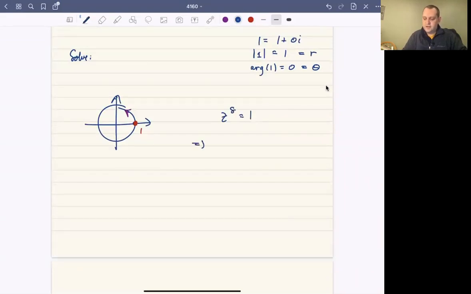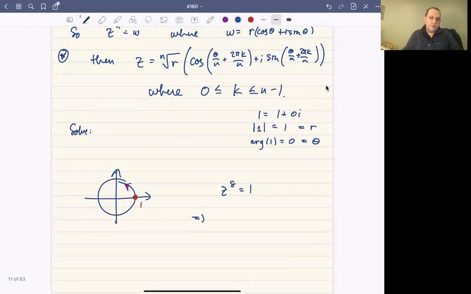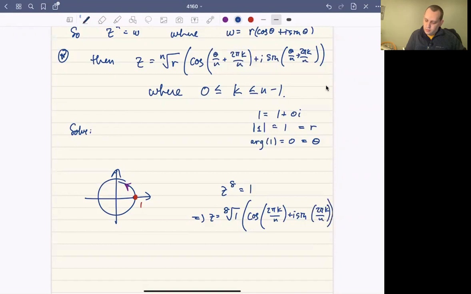So z is going to be the eighth root of 1, which is 1, times cosine of theta over n. Theta was 0, so we can get rid of that. So cosine of 2 pi k over n plus i sine of 2 pi k over n, where k goes between 0 and 7.